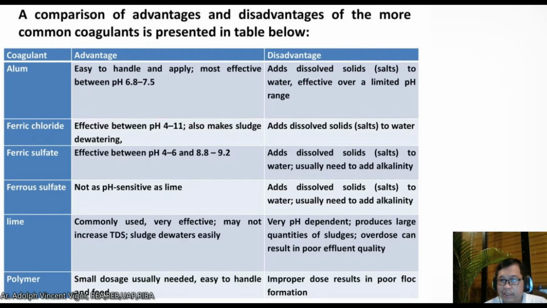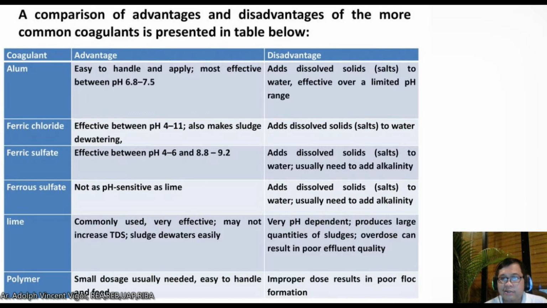The next coagulant is ferric chloride. It's effective between pH 4 to 11, and also makes sludge dewatering easier. The disadvantage is that it adds dissolved salts to water. The next coagulant is ferric sulfate, which is effective between pH 4 to 6 and 8.8 to 9.2.